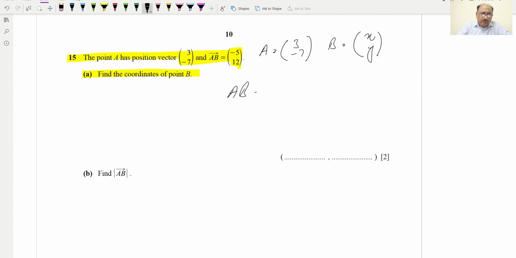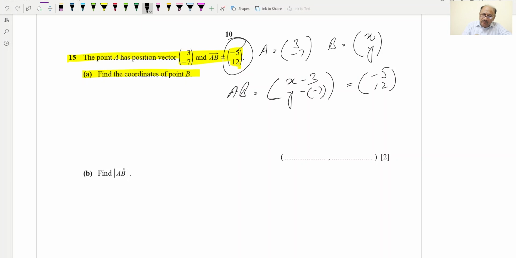So AB will be equal to (x minus 3, y minus minus 7), and this is given equal to (-5, 12), so we can equate them.